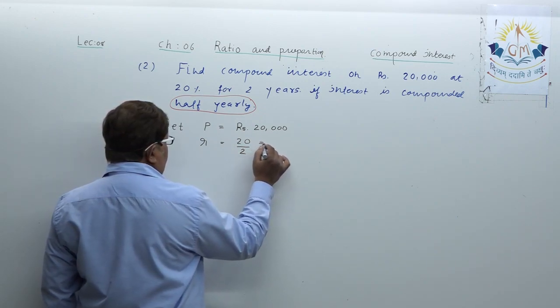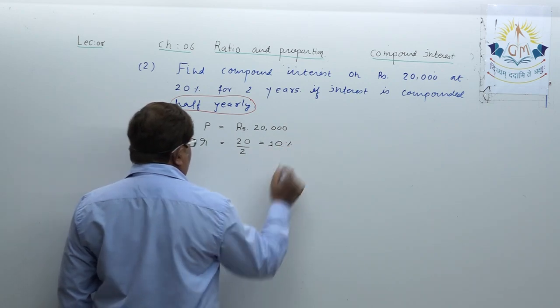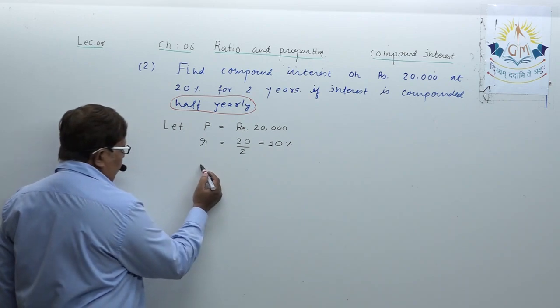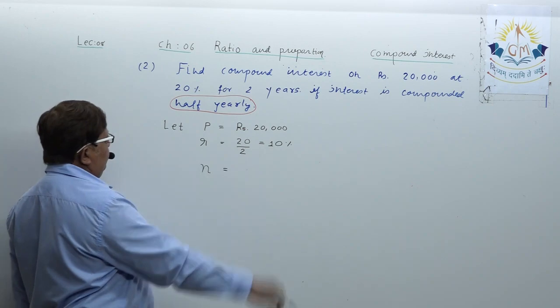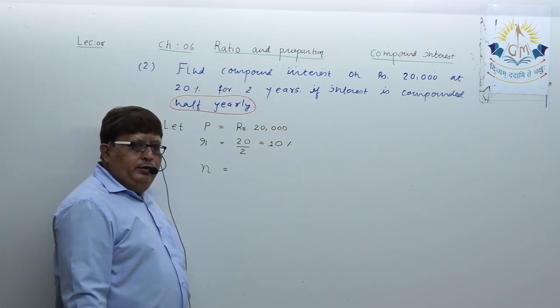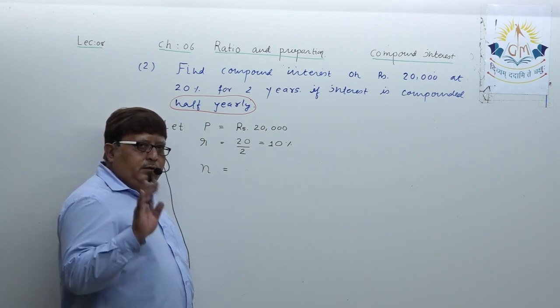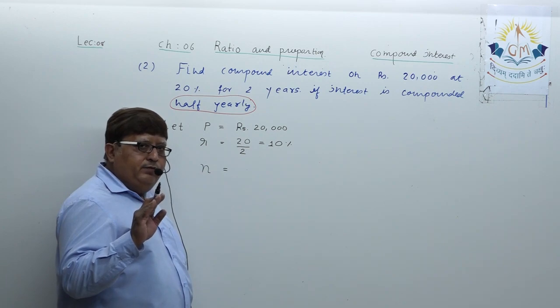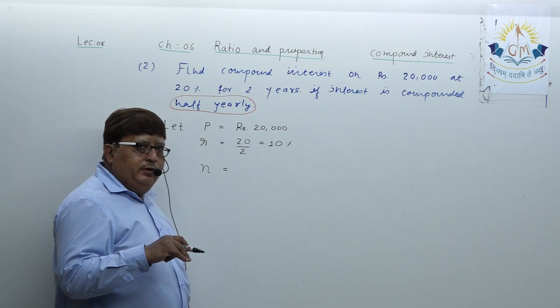So 20 upon 2 turns out to be 10% rate of interest. And dear student, you are going to count interest for a period of 2 years, which definitely includes how many periods of half year? 4 periods of half year are inclusive in 2 years tenure.